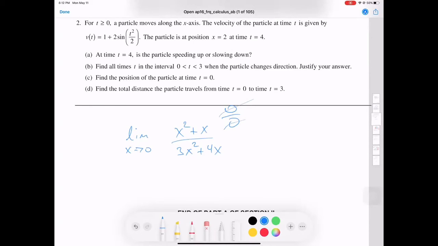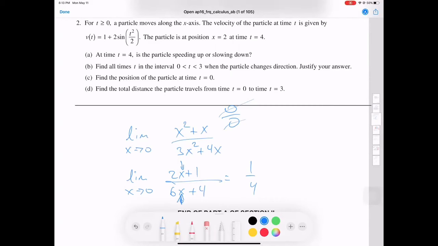So all we have to do is take the derivative and try again. The derivative of x squared plus x is 2x plus 1, and the derivative on the bottom is 6x plus 4. Then plug it in again. 1 over 4, that's your answer.